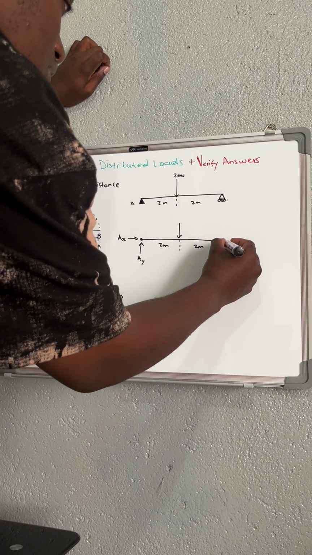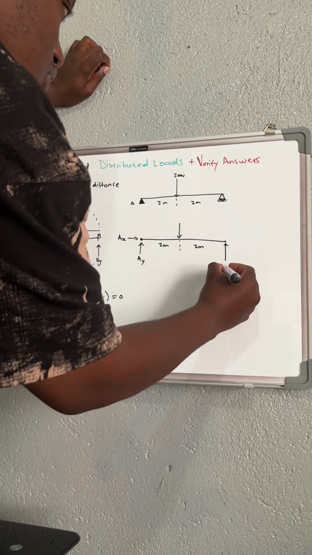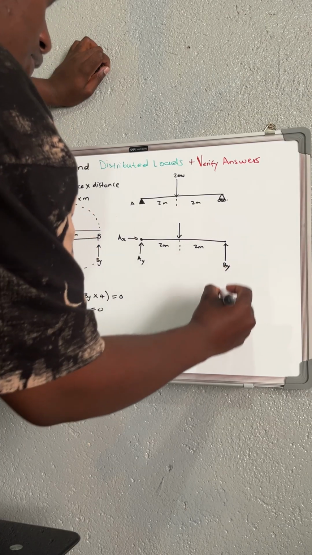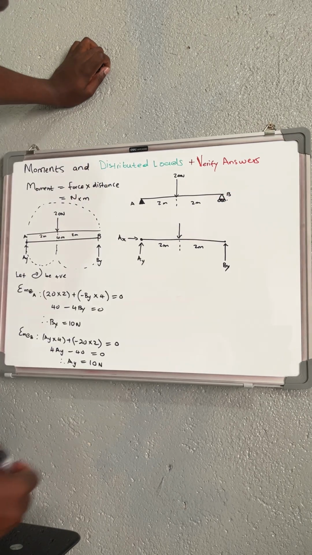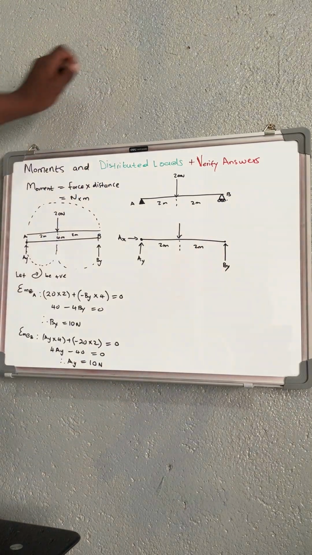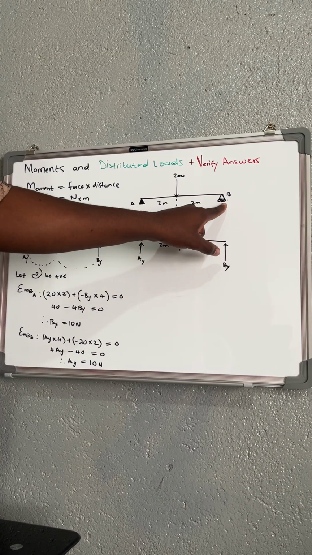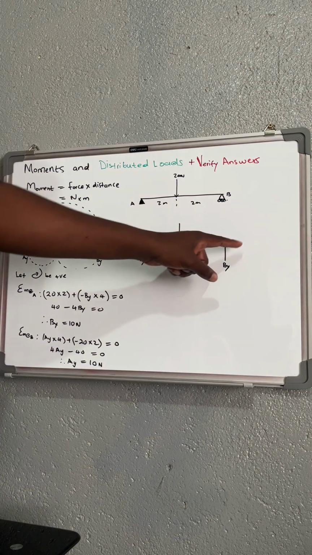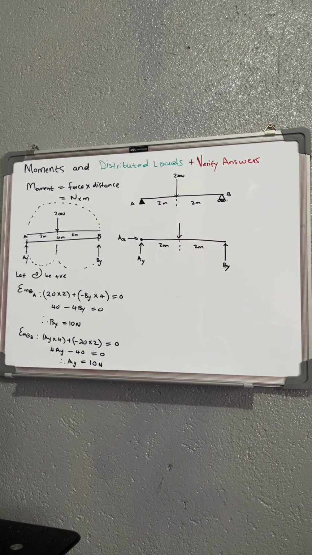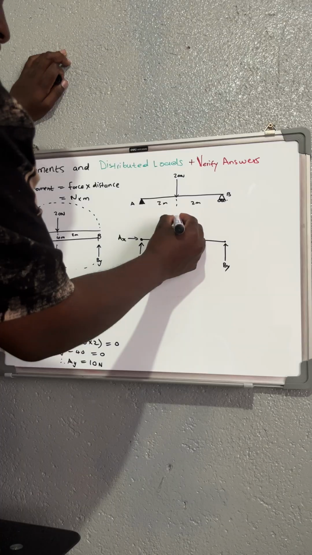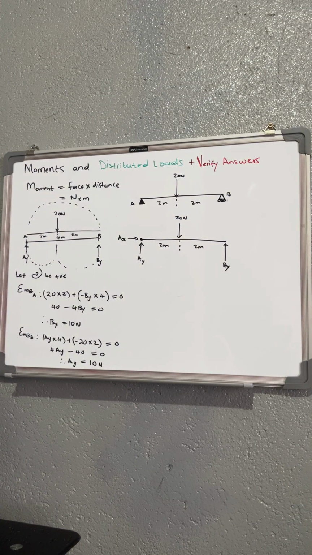So hence we will only say that it is being kept in place in your By direction. But now you won't be having that Bx. So always remember that when you have a situation that looks like this, the Bx is not going to be included because this thing is moving. Then here you still have that 20 Newton. Then you still do the same calculation.